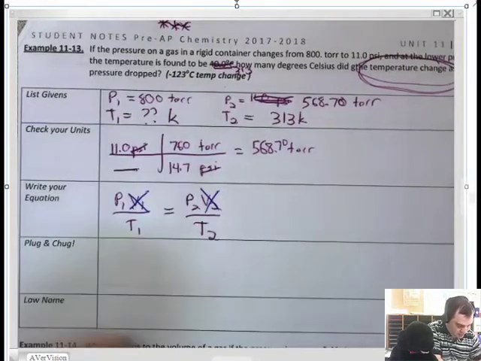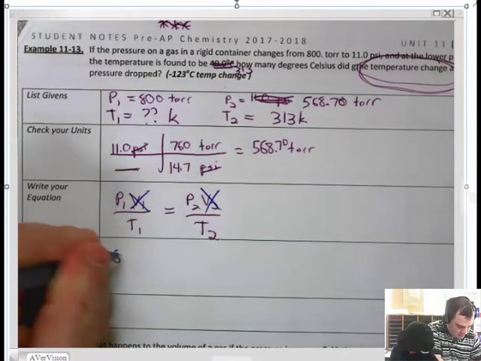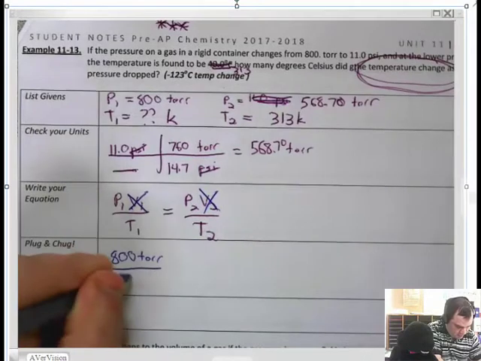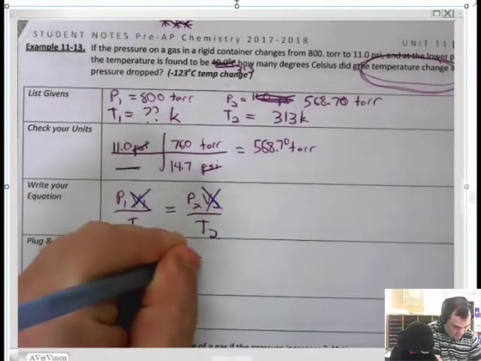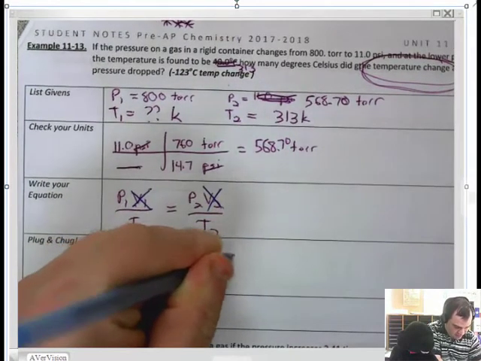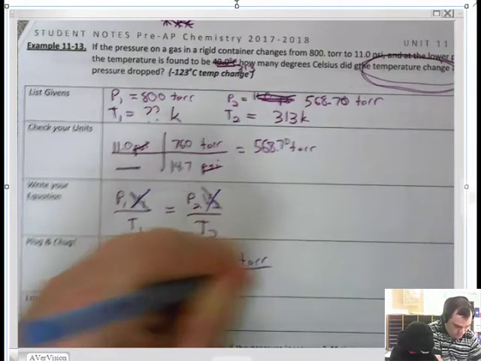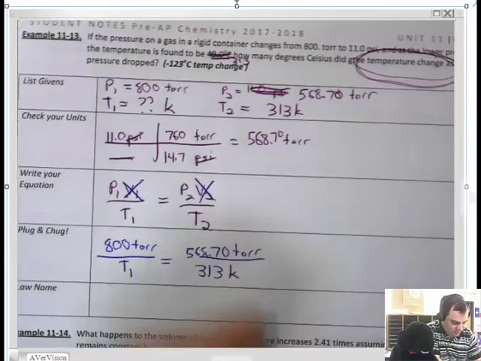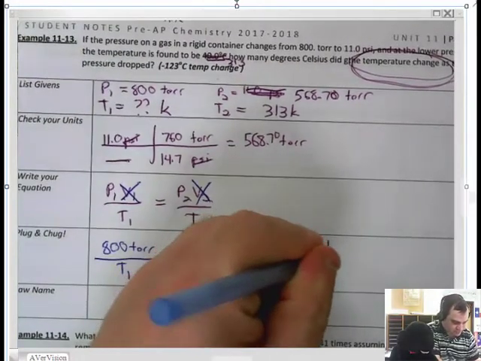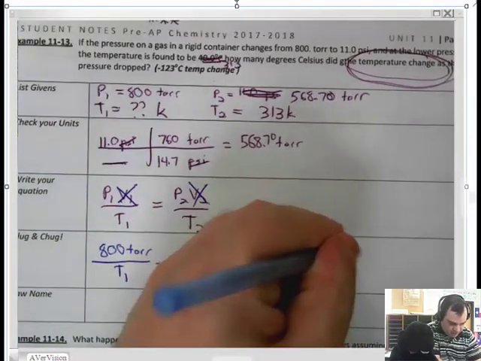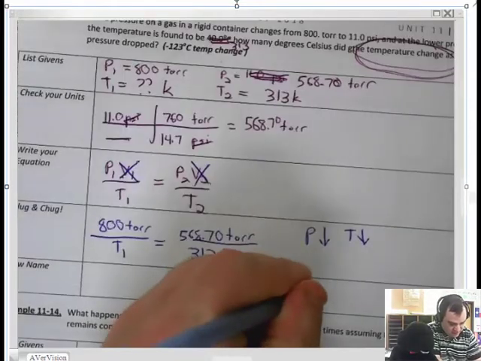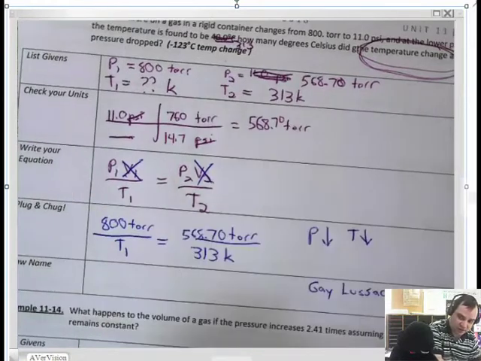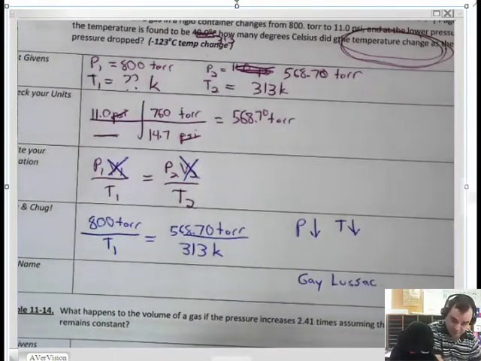So we're going to put in our numbers here: 800 torr over T1 equals 568.70 torr over 313 Kelvin. So notice that the pressure is dropping here, so the temperature should drop. We know this is Gay-Lussac's law. Remember, he's French. He really is French, so you know.